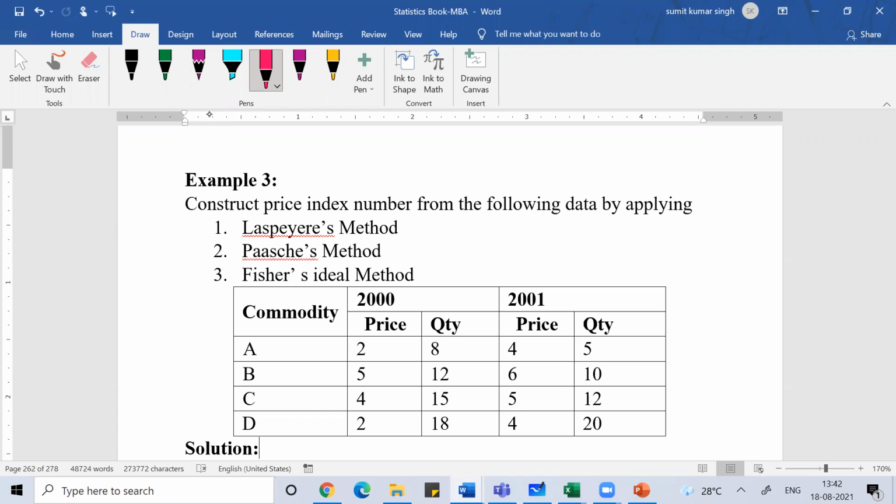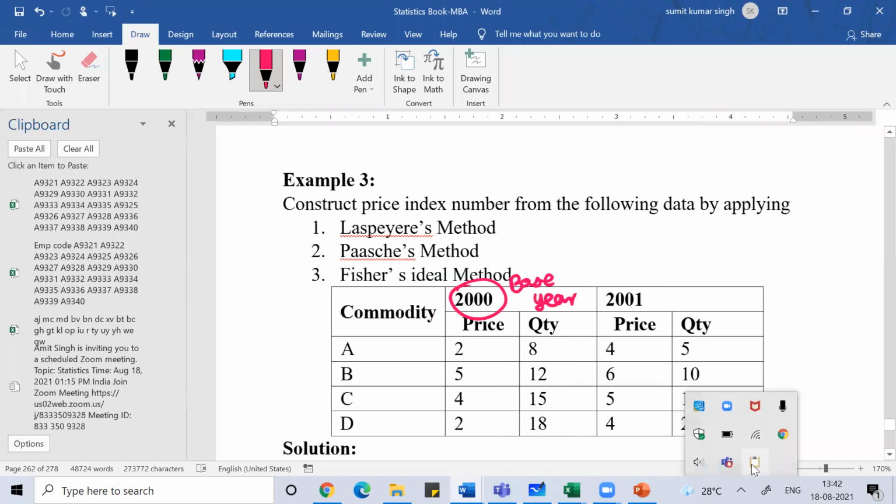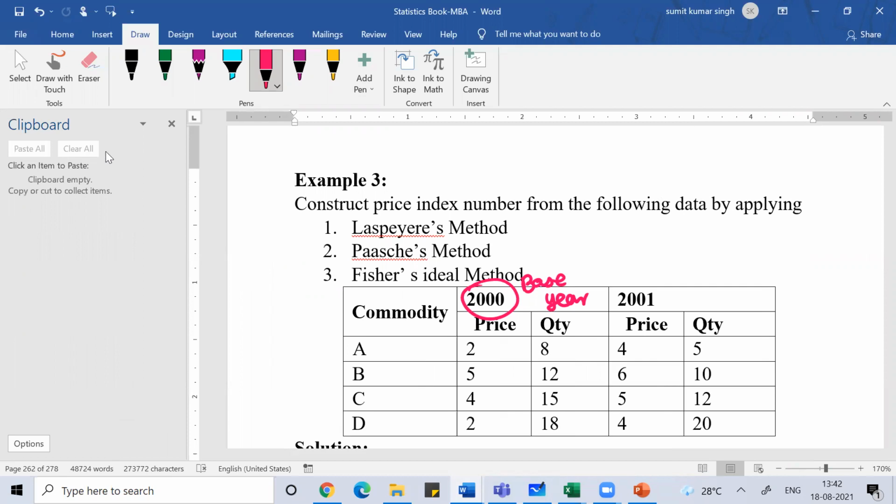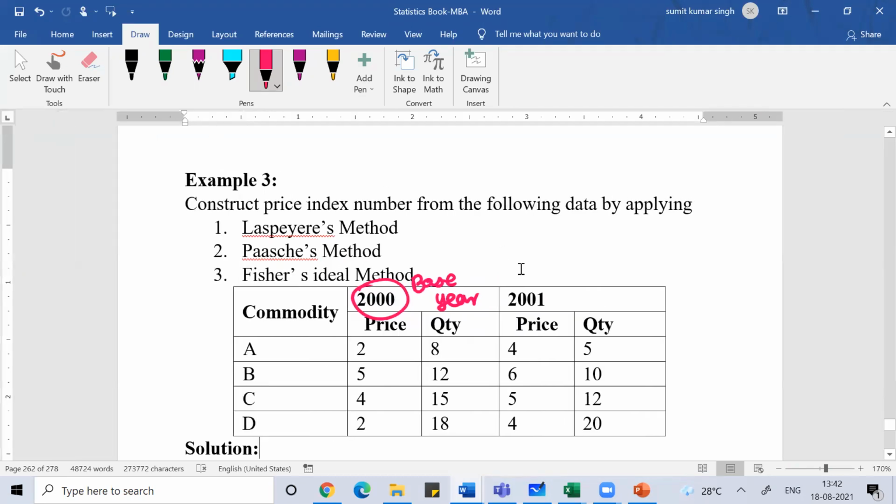You want to try this, guys? You can easily understand. Two years are given. The older year, 2002, will be your base year, and the later one will be your current year.